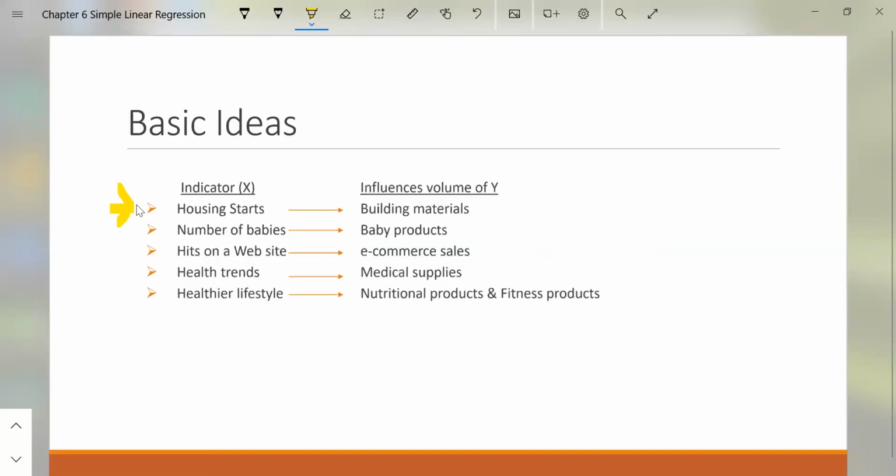And so we would expect housing starts be related to building materials. In addition, we also want to know if housing starts, let's say, for example, increase by 10%, what happens to the sales of building materials, or what happens to the demand of the building materials.